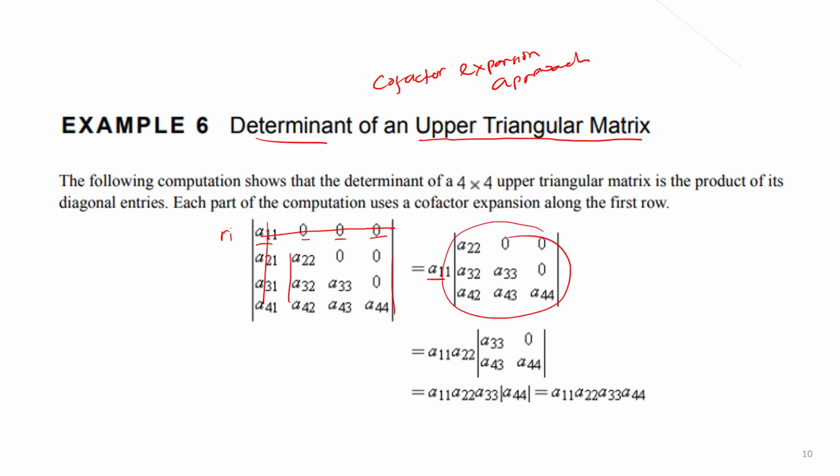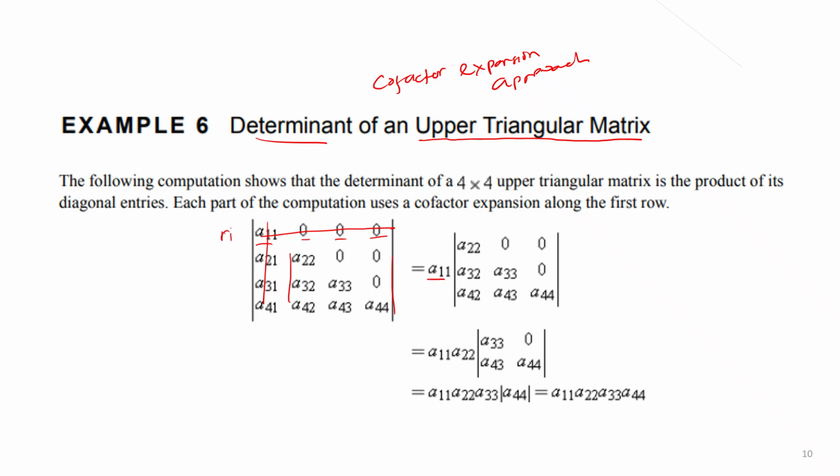Soon after that, we need to calculate the next determinant, and again we will wisely choose the row or column that has the most zeros.